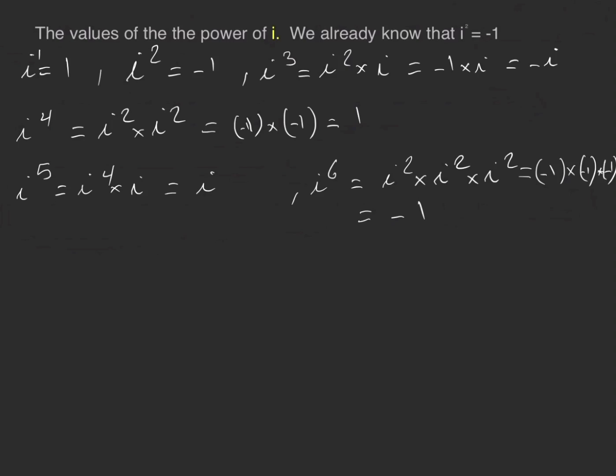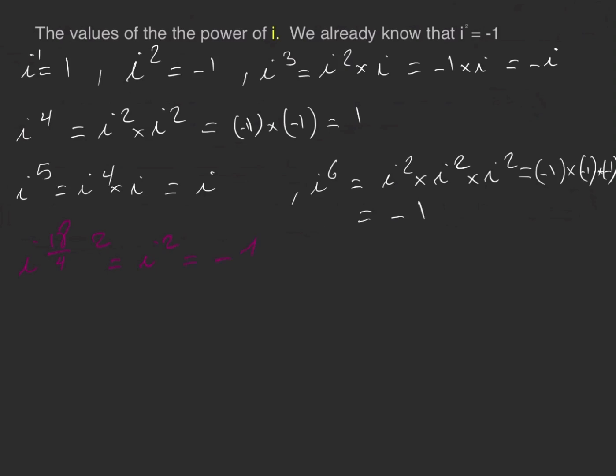So for example, we have i to the 18. What we're going to do is just divide 18 by 4. 4 times 4 is 16, and the remainder is 2. So this is equal to i to the second, which is equal to minus 1.